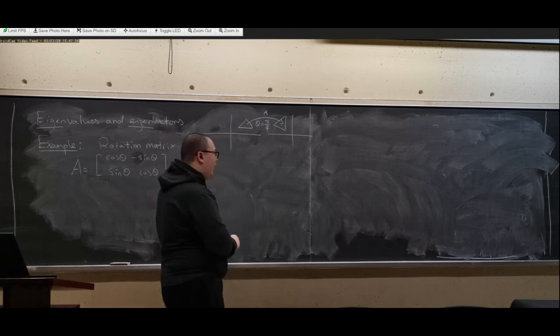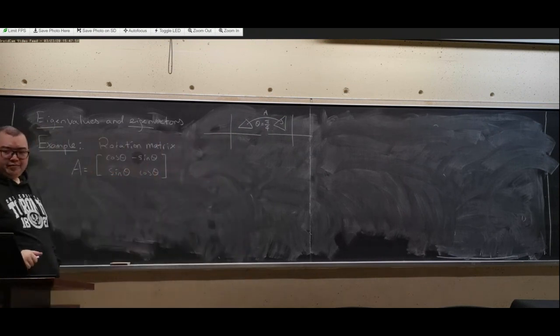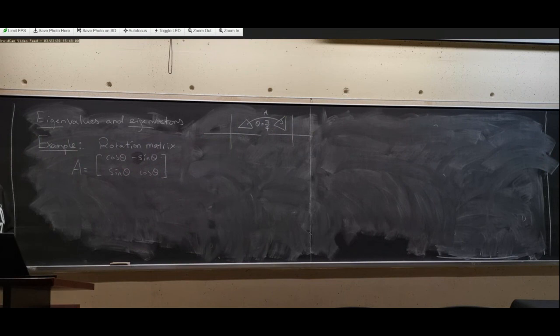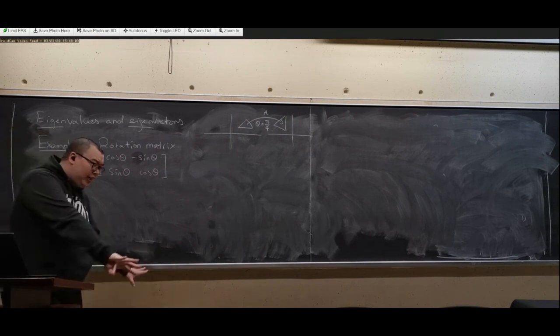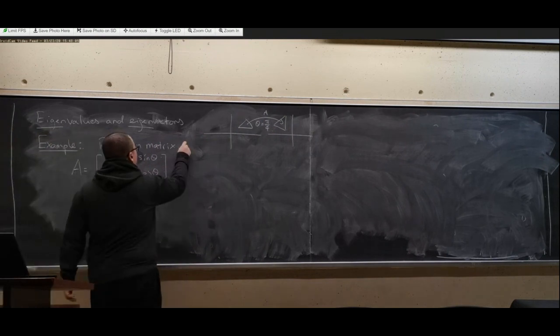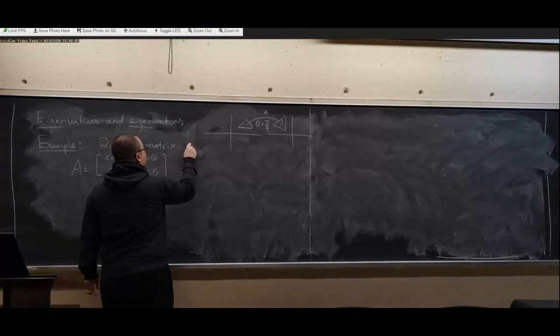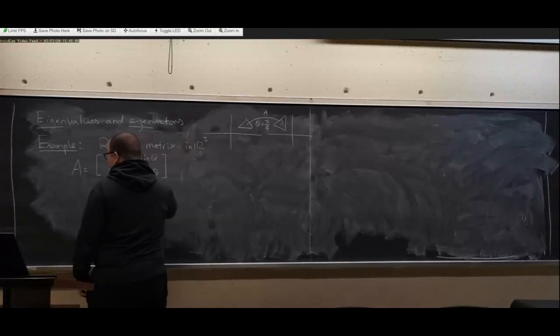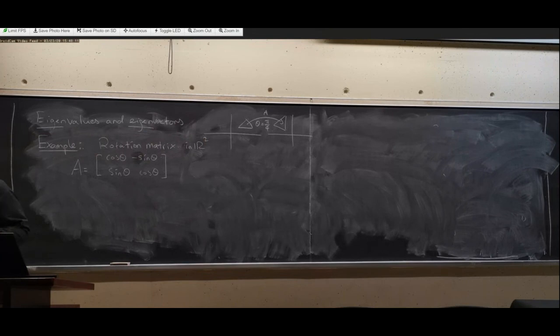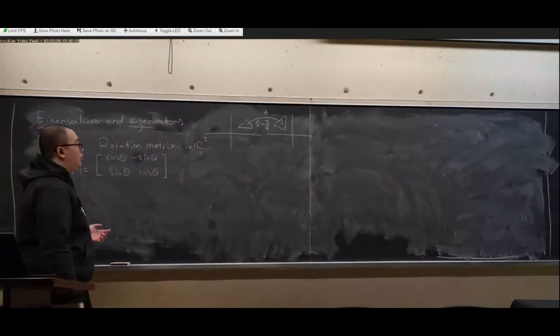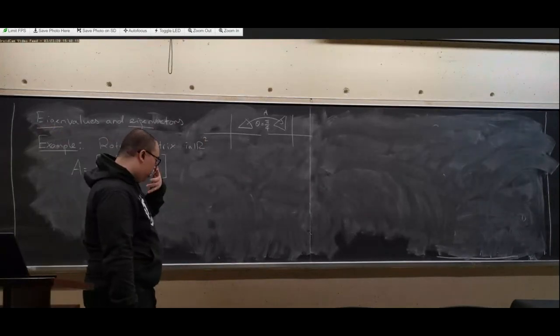So no vector should remain constant, right? Because I rotated the entire plane. Oh, I also should include that this is R2. There are rotation matrices for R3 as well, and for any dimension. But in R2, this is that, right?